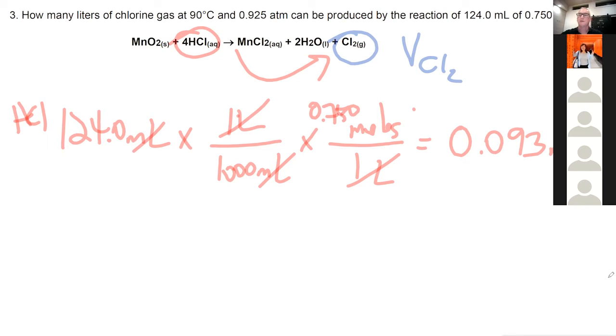So that's how many moles of HCl we have. So what's our next step? Is it to see the relationship between the moles of hydrochloric acid and the moles of chlorine gas? Right, we need to take our moles of HCl and convert them into moles of chlorine. So how do I do that?